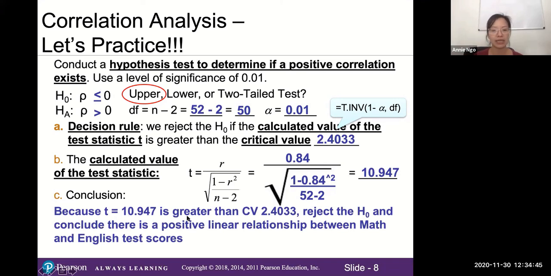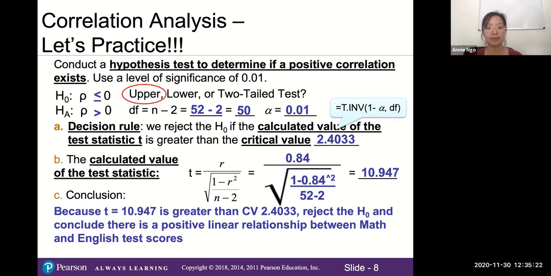So we're just putting it in context. Visually, you saw it was way to the right in the little tail. It is greater, because the number 10.9 is bigger than our critical value of 2.4. So it's greater than. We will reject the null and can conclude there is a positive linear relationship between math and English scores. You were asked this on the exam.